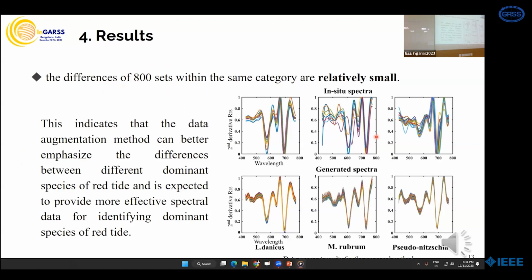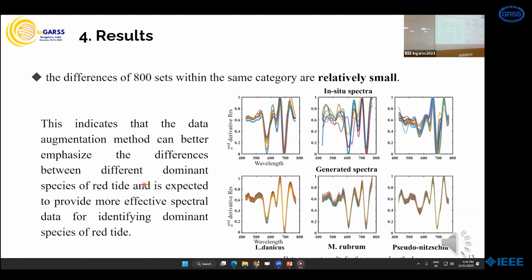The picture on the right is the second derivative result of 800 sets of augmented data and standard. The top is standard and the bottom is the augmented. From this result, we can find that the different species have significant differences in spectral shapes, while the differences within the same species are relatively small.